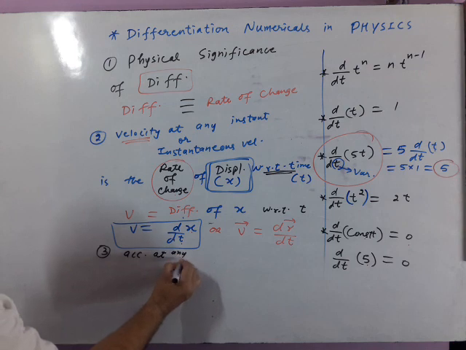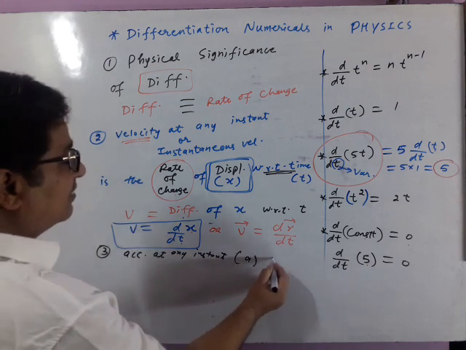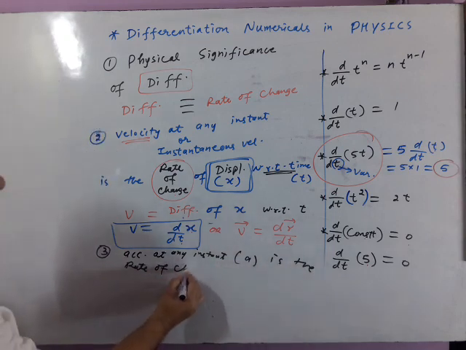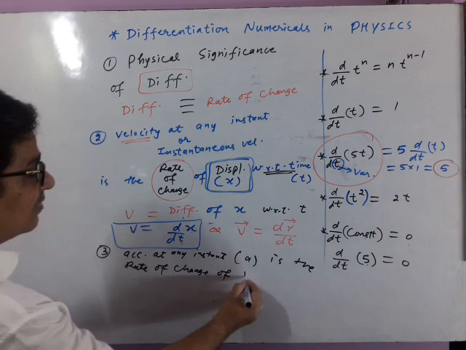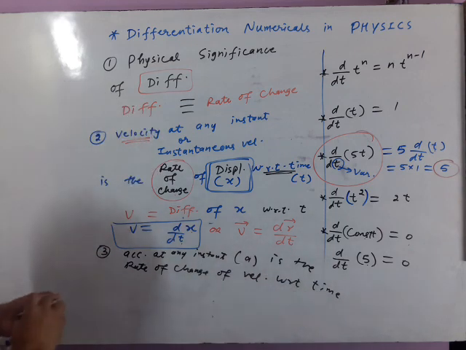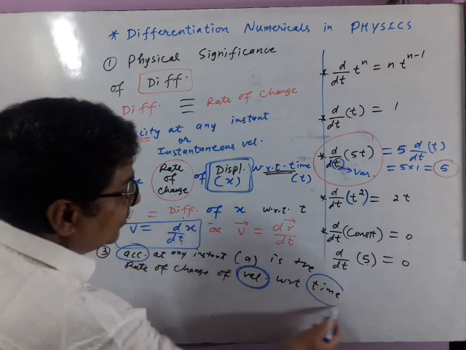Similarly, we can write acceleration. Instantaneous acceleration is the rate of change of velocity with respect to time. Focus. What is acceleration? How velocity is changing with respect to time.